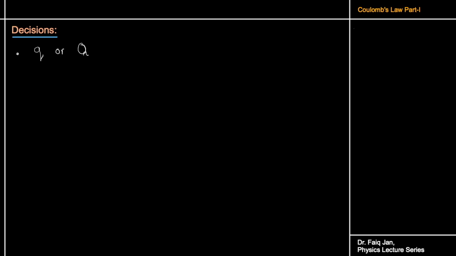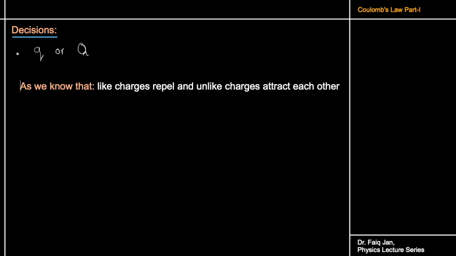As we know that like charges repel each other and unlike charges attract each other, to graphically represent such a scenario, always draw the tail of the force vector on the particle along the line joining the two particles. For example, consider two positively charged particles Q1 and Q2 separated by a small distance.